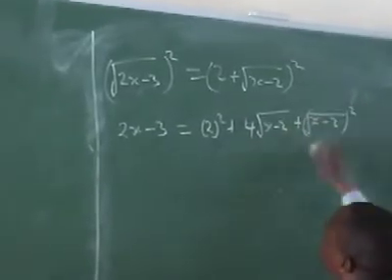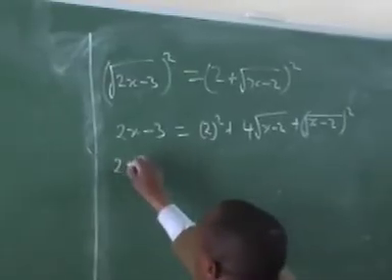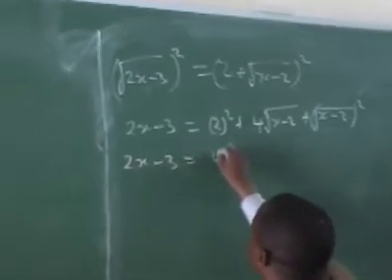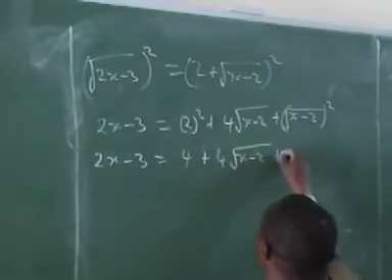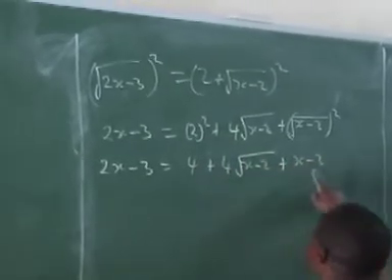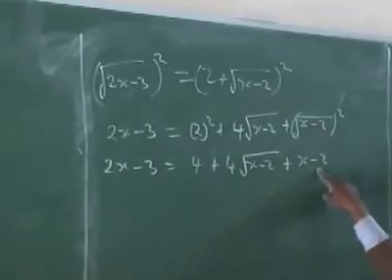So we have 2x minus 3 to be equal to 4 plus 4 square root of x minus 2 plus x minus 2. Because when I square this one, it will give me this.